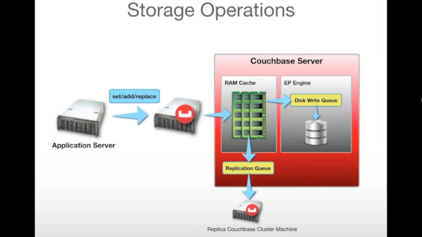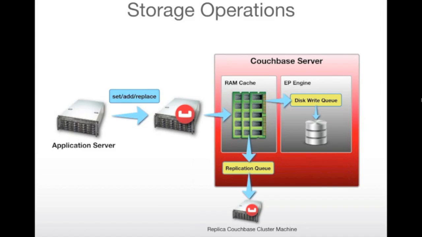Then, in the disk write queue, it'll get persisted to disk. It's very efficient. It only persists the latest version. So if you're doing 1,000 updates a second to a single document, when it gets to the top of the queue, it's only going to write the latest one, not all 1,000 operations. We don't keep track of versions in Couchbase.